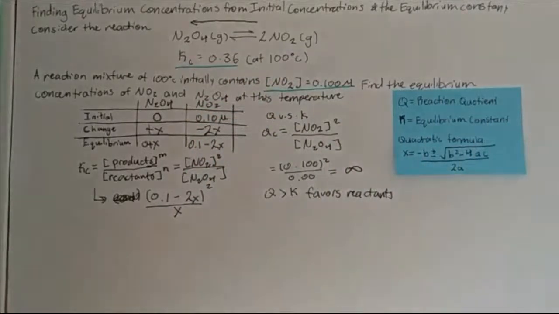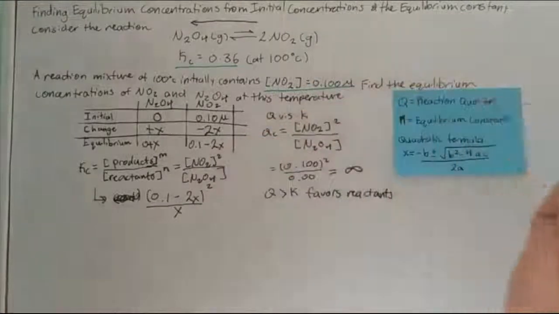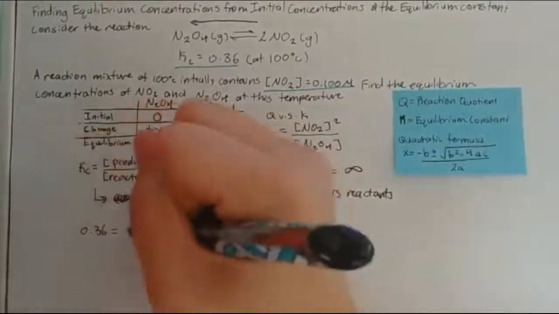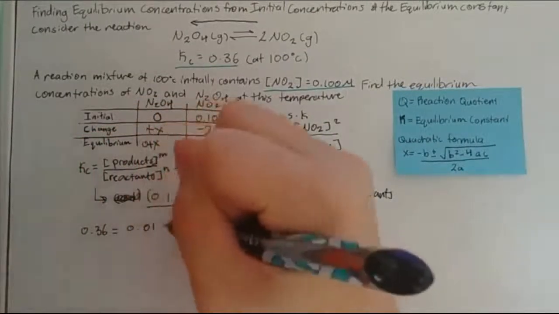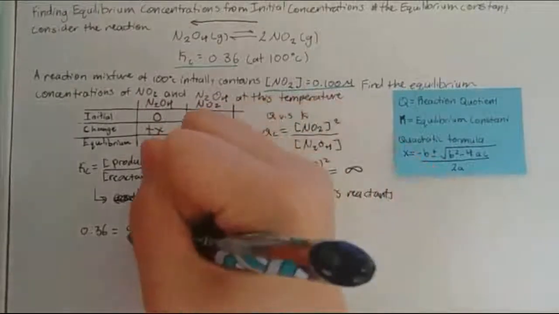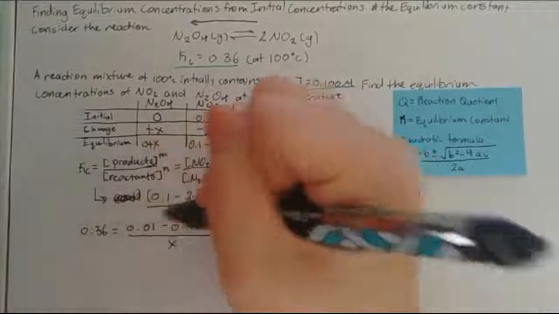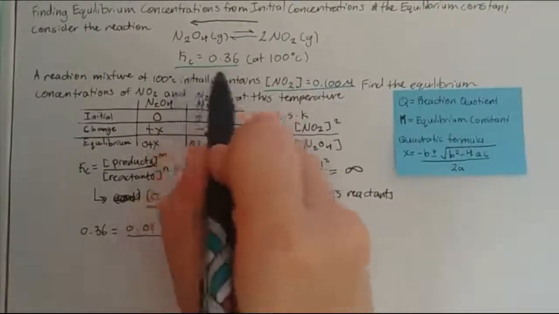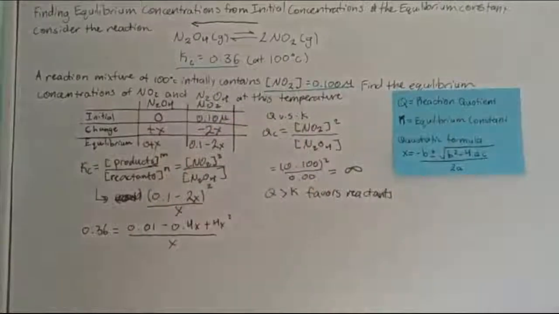Okay. And then let's simplify this squared. And we should get 0.36 is equal to 0.01 minus 0.4x plus 4x squared all over x. The 0.36 is from the given value from the question.